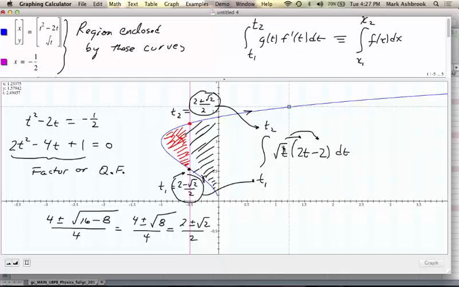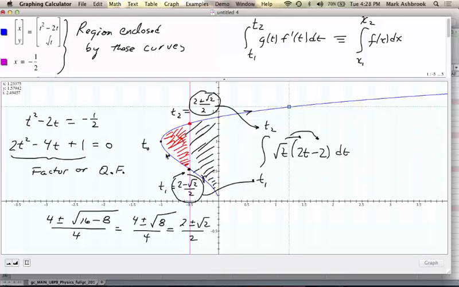Okay, so I kind of talked through this yesterday, but the reason why this will work is because from here out to this far left point, we're going backwards in x. So from t1 out to this, call it t0, it's going to give the opposite of all the area under here, because it's going backwards in x.